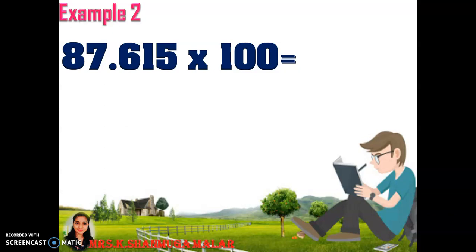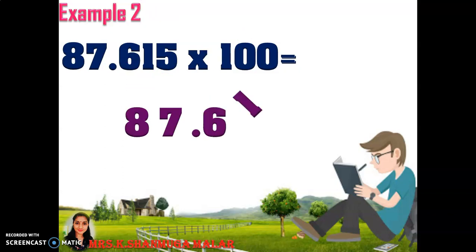87.615 times 100. Students, what is the first step we must do? Very good. We must write the decimal number. Then, yes, we must find the total zeros in 100. How many zeros are here, students? Yes, there are 2 zeros.